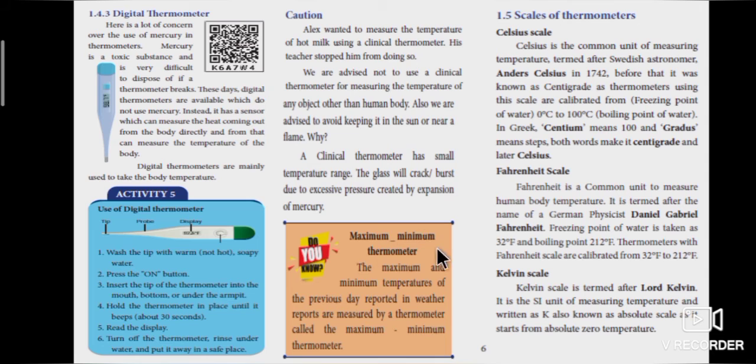Weather report is recorded in a day by maximum and minimum thermometer. After that, we will discuss scales of thermometers. Celsius scale was introduced by Anders Celsius in 1742. Fahrenheit scale was introduced by Daniel Gabriel Fahrenheit. Kelvin scale was introduced by Lord Kelvin.